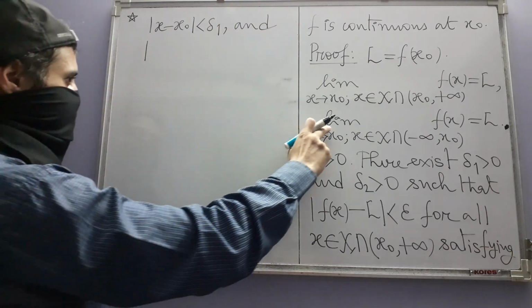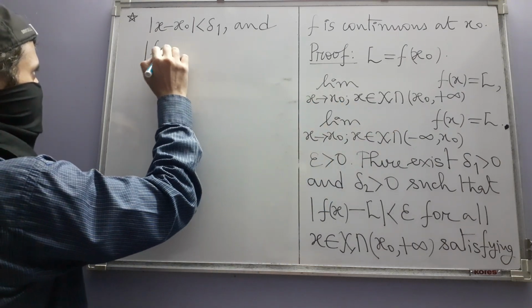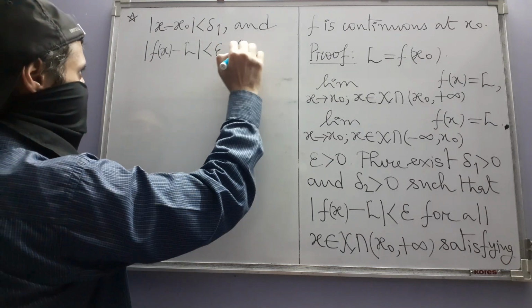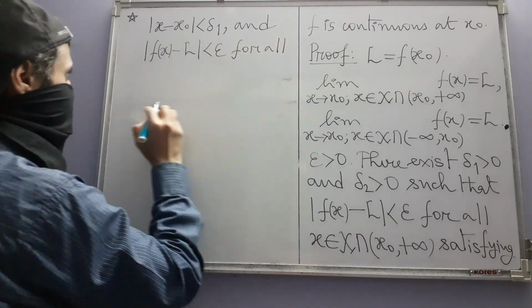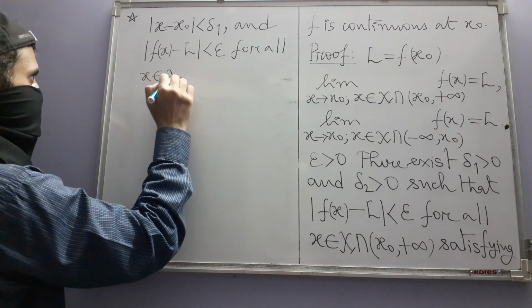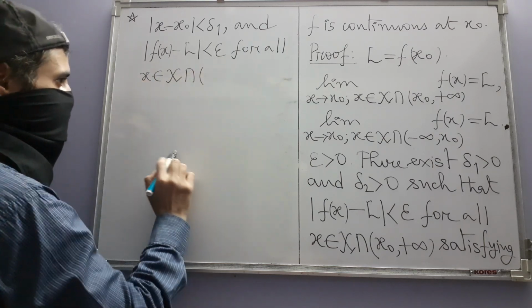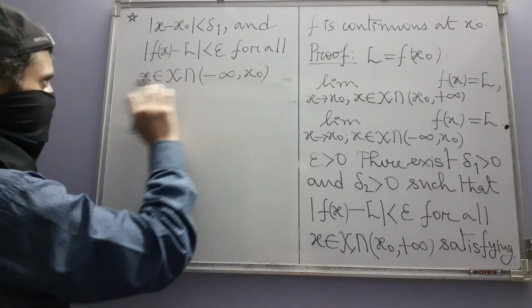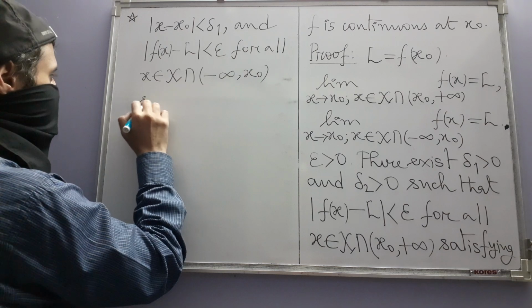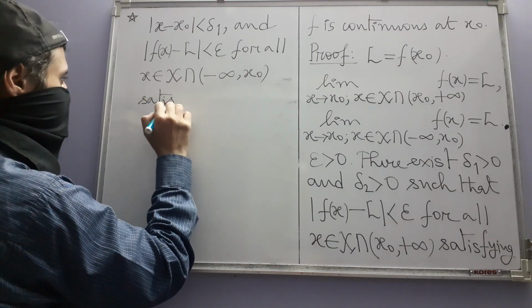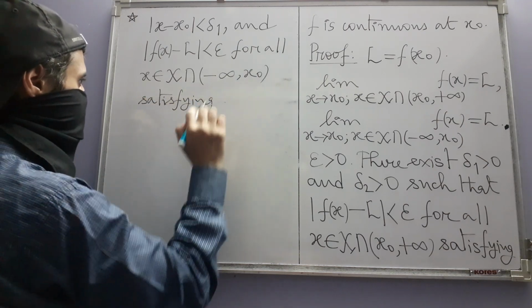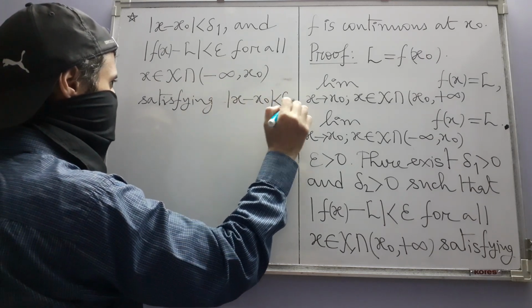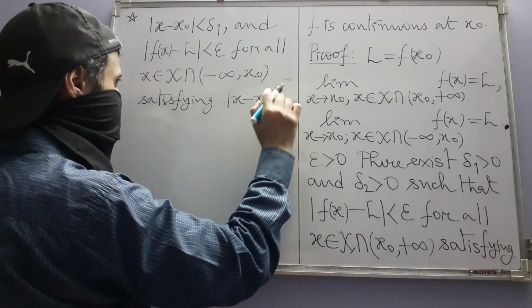now we are going to write for this limit. We also have this for all x belonging to the left side of x naught in x, satisfying this delta 2.